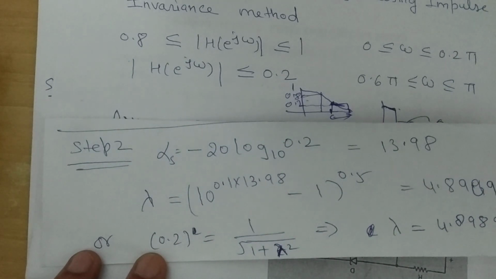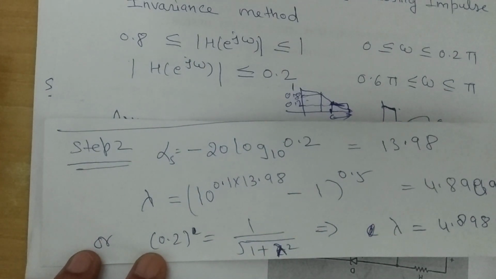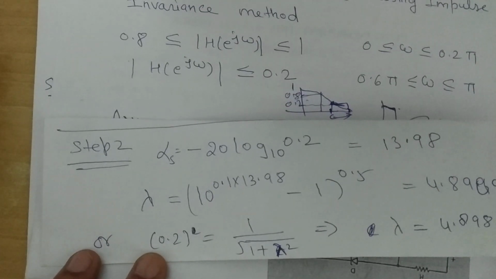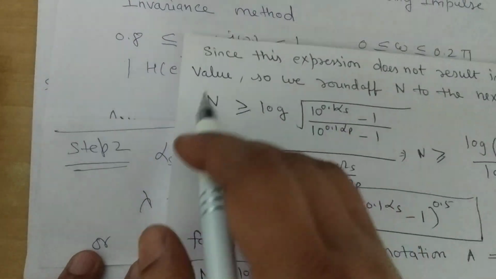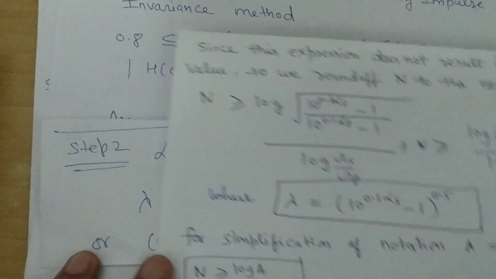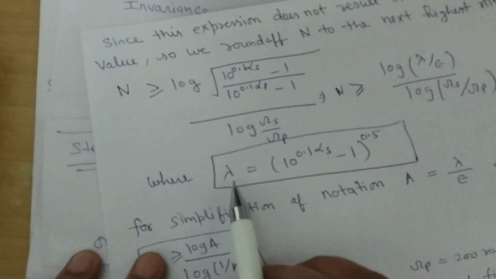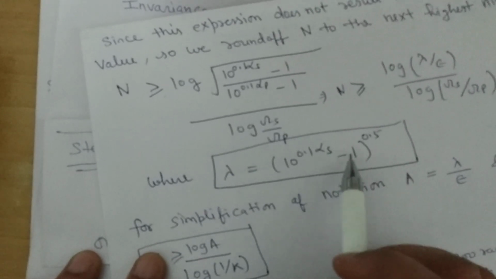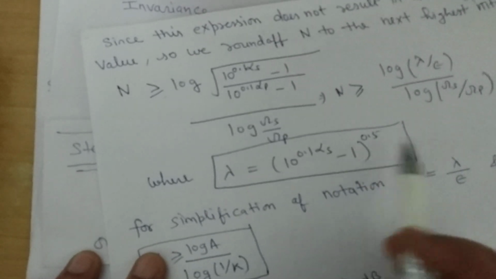What is alpha s? As you are familiar with the equations to solve for the order of the filter, in this case the order of the filter has this relationship where lambda is the square root of 10 to the power 0.1 alpha s minus 1, over epsilon.